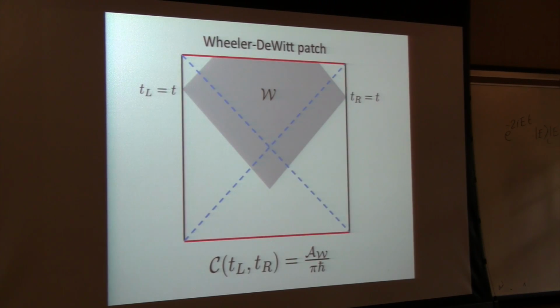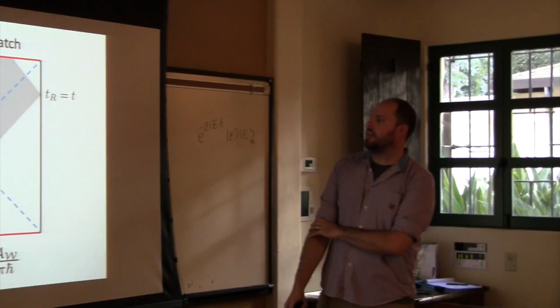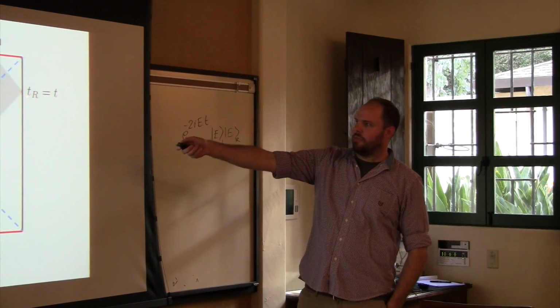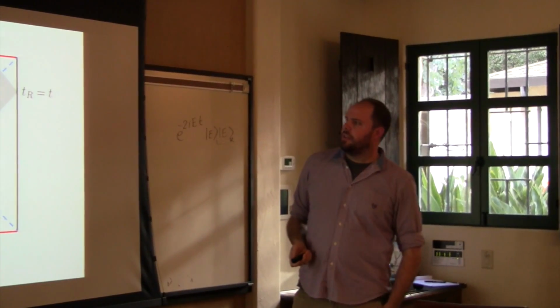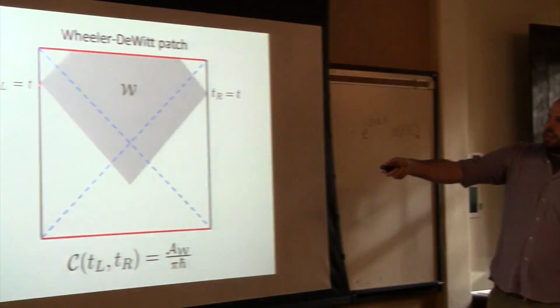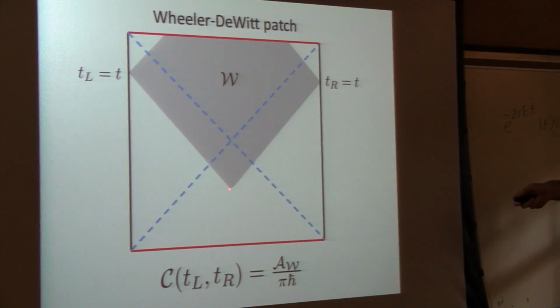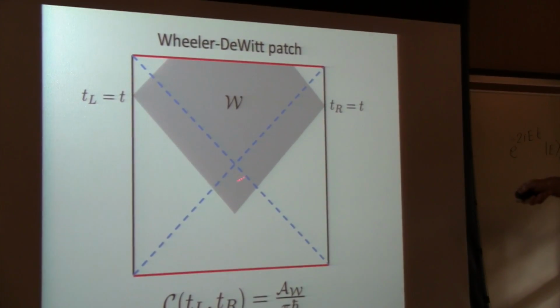And so our proposal is the following. We introduce a space-time region called the Wheeler-DeWitt patch, which is defined as follows. You fix your boundary time on the left and your boundary time on the right. Here I've taken them to be equal, but you could do something different. You shoot out light rays backwards and forwards and terminate them when they meet or when they hit the singularity, etc. And this defines some space-time region.